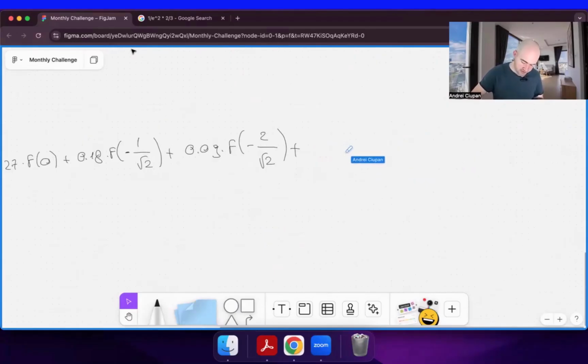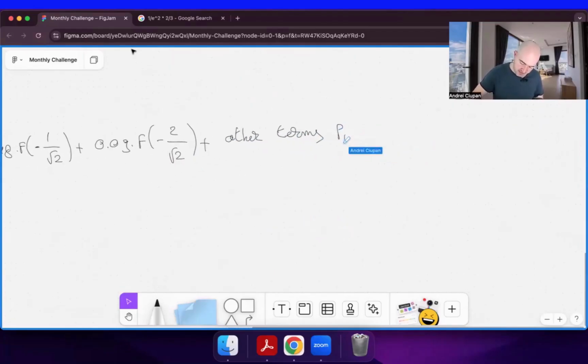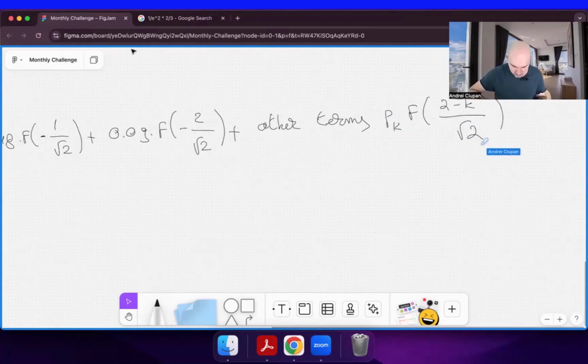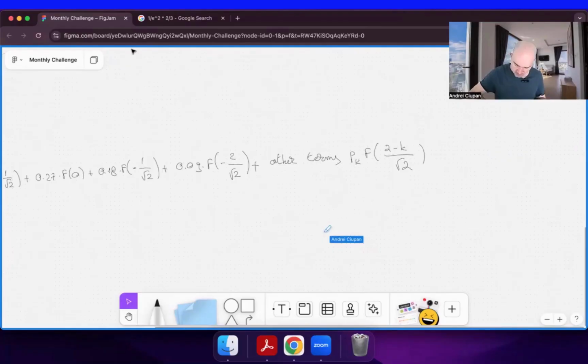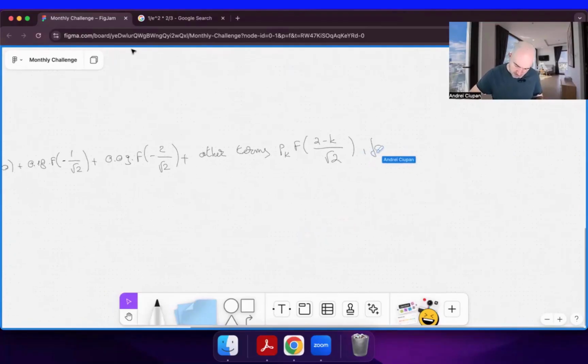Like plus all the other terms, p of k, f of 2 minus k over square root of 2. Is this right? Yeah. Plus all the other terms, P of k, k bigger than or equal to 5.